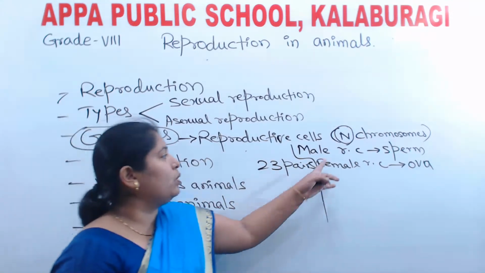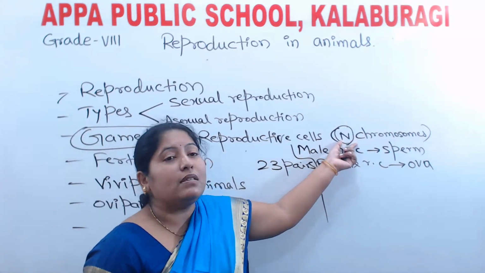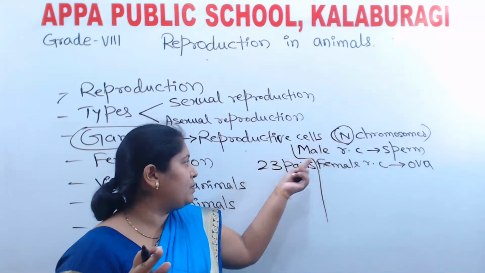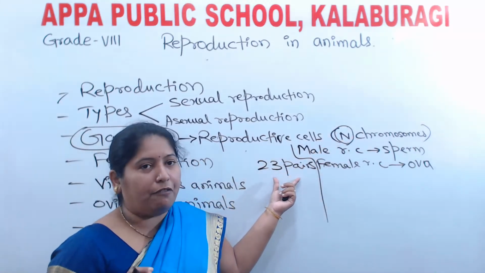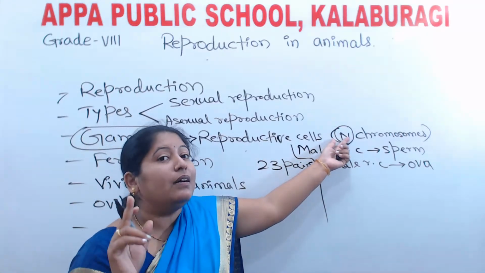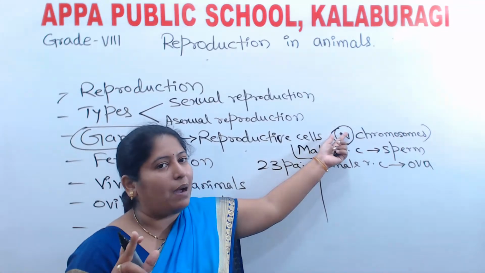These two reproductive cells have only one set of chromosomes. Instead of pairs, the gametes have only one set.